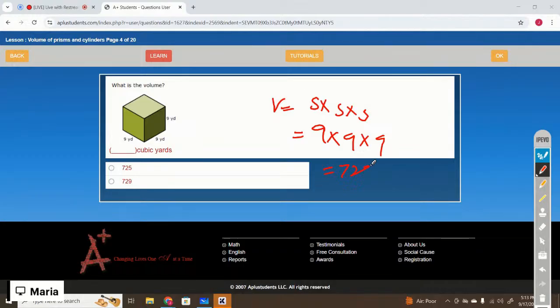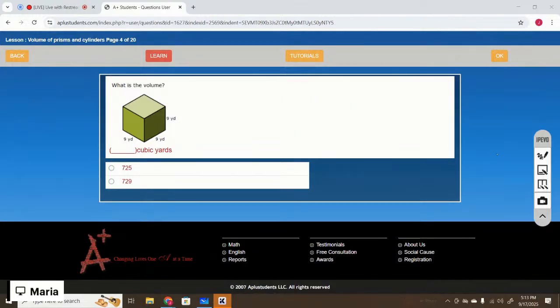That is 729. Option number 2 is the correct option. 729 it is.